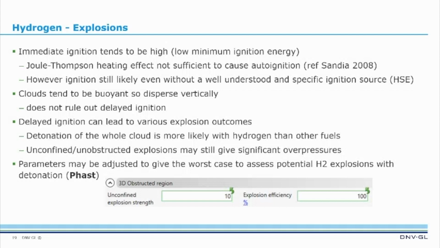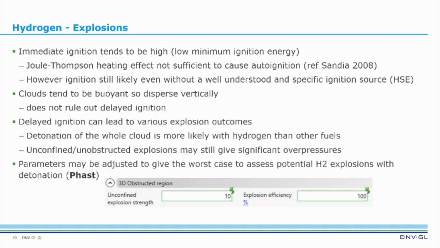The HSE has a discussion on that, and so we tend to treat it in risk calculations as having a higher immediate ignition probability than normal hydrocarbons. However, it's not guaranteed to ignite, so it is perfectly feasible to have, and does happen, delayed ignition of hydrogen. Indeed, you saw that in those liquid hydrogen experiments.